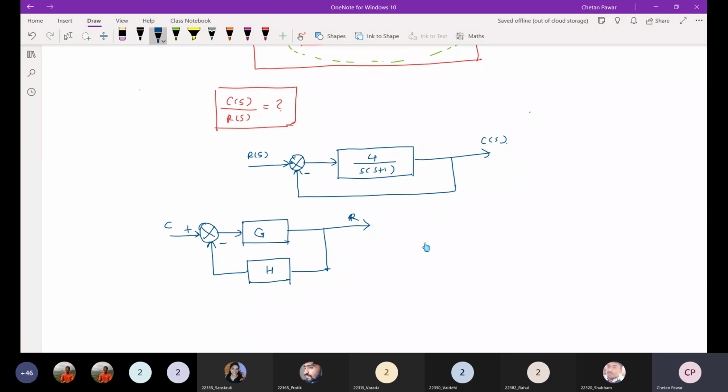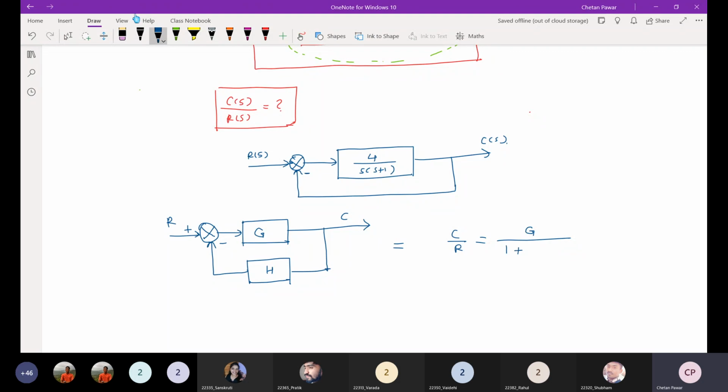Okay, so now this is the closed loop system, and according to the rule, what we do when we find the transfer function for this, with R and C, then C upon R will be: the numerator consists of the forward path gain, which here is G, and the denominator consists of 1 plus loop gain, since this is a negative feedback.